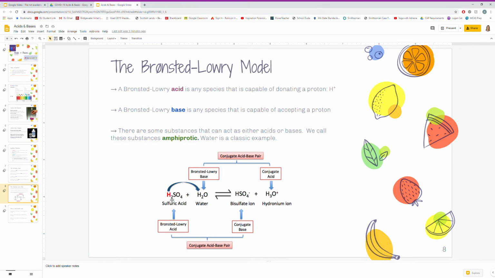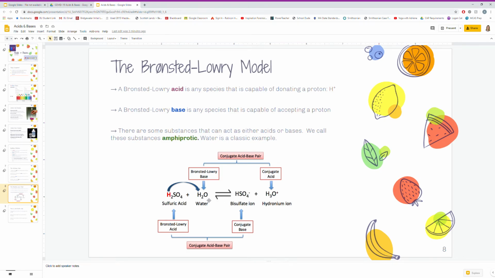Sulfuric acid is going to give one of its hydrogens to water. Because sulfuric acid is giving up a hydrogen, it's the acid, and because water is accepting a hydrogen, it's the base. This one over here, the bisulfate ion, is sulfuric acid after it gave up a proton.